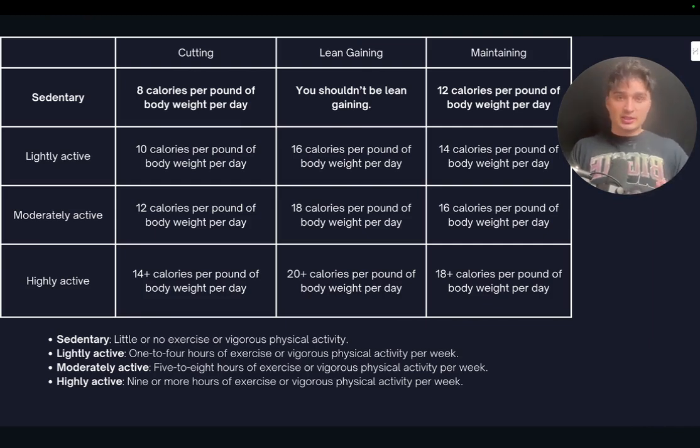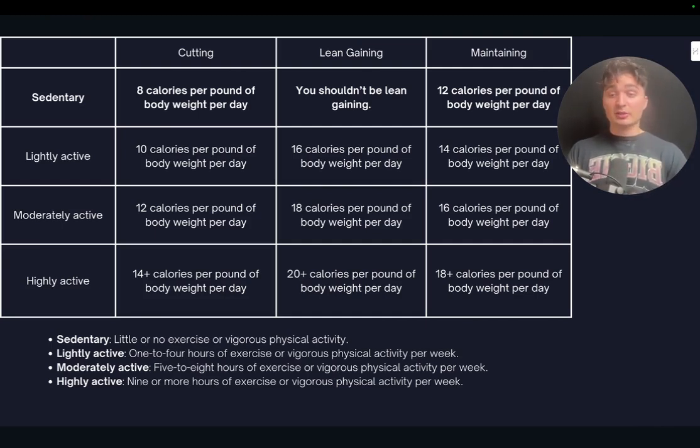This is just again providing extra clarification on the points I made last video. If you're lightly active, multiply your body weight by 10 calories per pound each day, if you want to cut, lean gain, main gain, etc. So yeah, whatever bracket you fall under, just adhere to this table. If you're sedentary, that's little to no exercise.